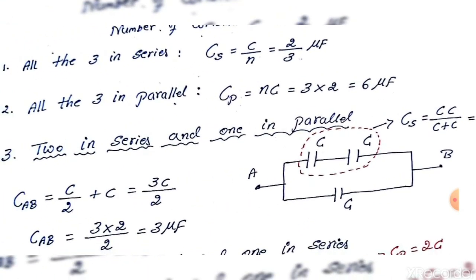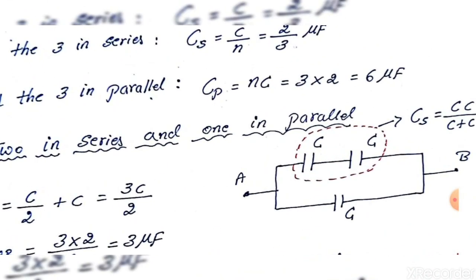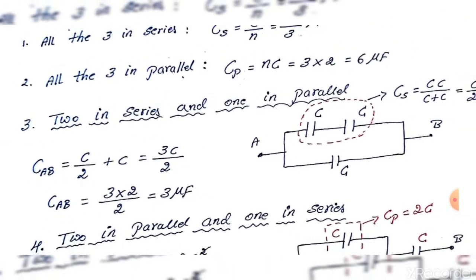Now that is in parallel with the C, right? This whole combination, the C and C in series, is in parallel with the C. Hence CAB becomes C by 2 plus C. So you'll get CAB as 3 microfarad.